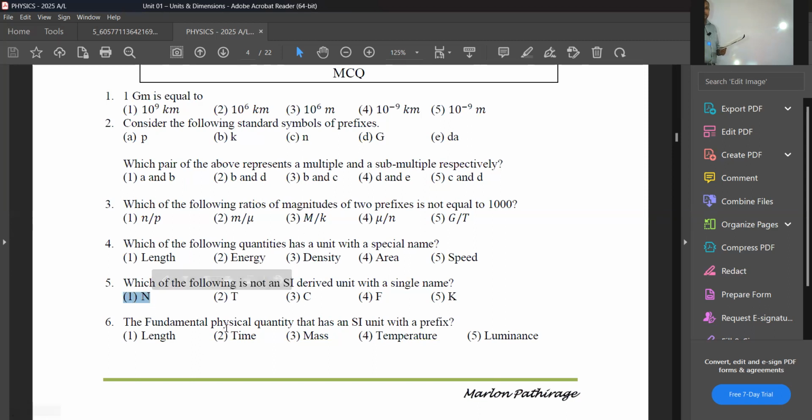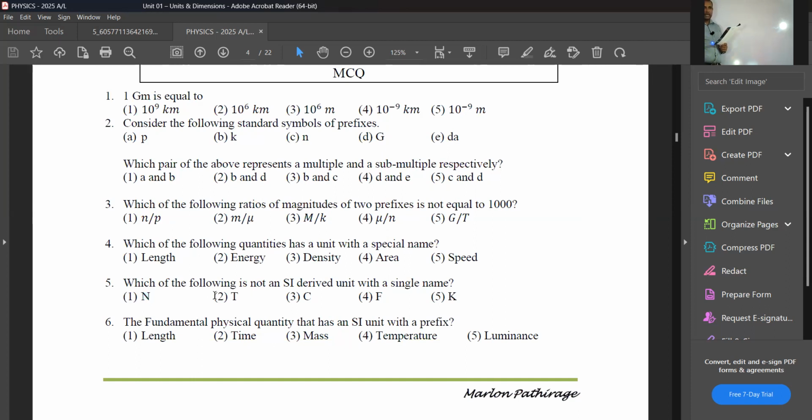Newton is a unit with a special name, and it is also a derived unit. Newton is a derived unit. We use Newton to measure force. Force is a derived physical quantity. So Newton is a derived unit because it measures a derived physical quantity. So Newton is a derived unit with a special name.